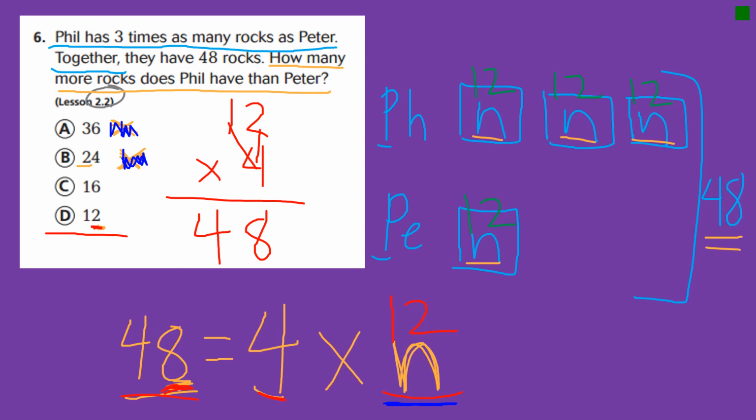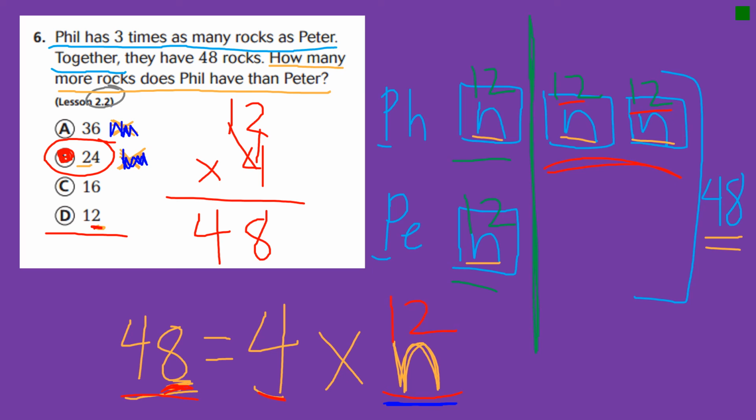So let's see. How many more rocks? Sometimes I like to do this, like when I was just first learning to subtract. They both have 12 rocks, and this is how many more Phil has. So Phil has 12 and 12 more, 2 sets of 12 more.